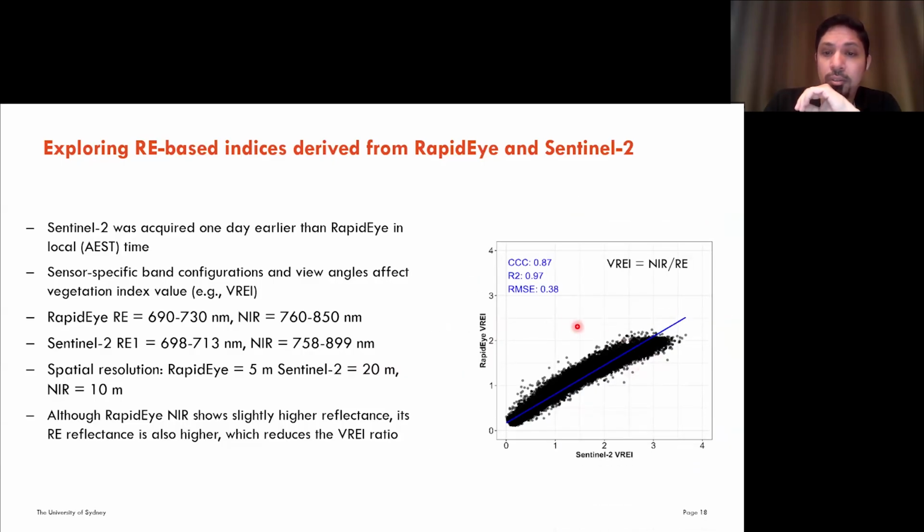And here you can see the highest you can get from RapidEye VREI is like 2 point something, and for Sentinel-2, 3.6 or 3.7. So imagine if you feed this VREI to the model that I showed you. You'll get different yield estimations using both sources.